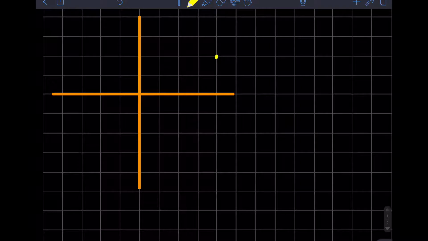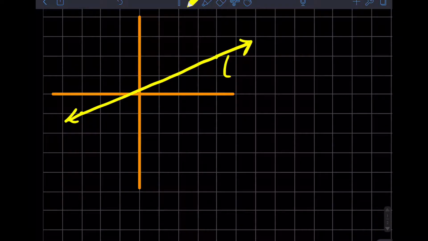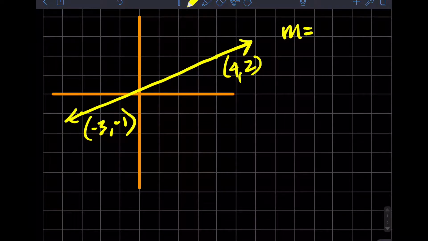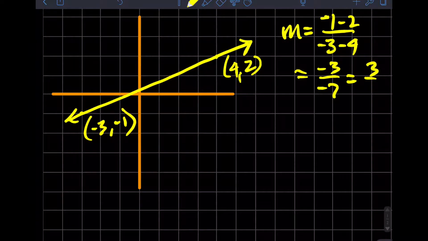So let's draw this line here. And let's say that it goes through this point 4, 2, and it goes through this same point -3, -1. And so if I calculate its slope, I'm going to have -1 minus 2 over -3 minus 4, which gives me -3 over -7, which is 3/7.